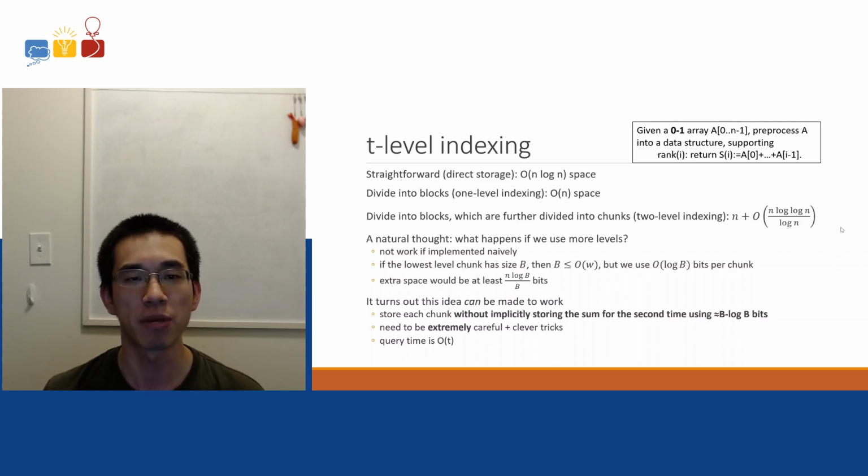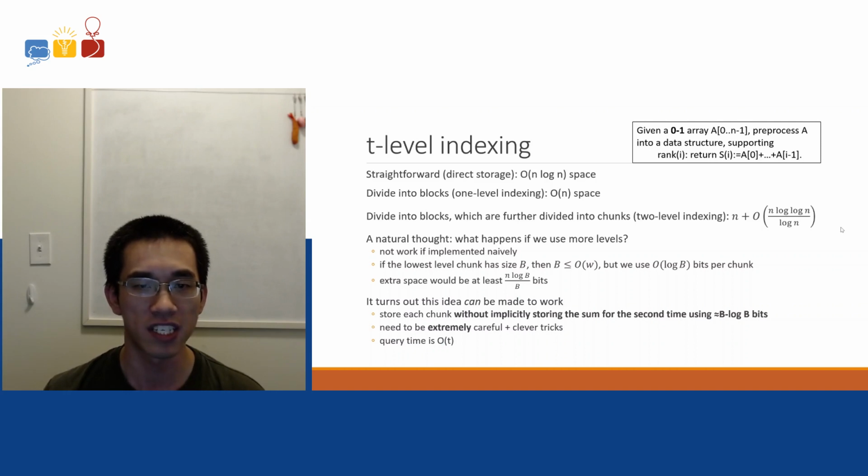We know that the number of ones in each chunk was already stored elsewhere in the second lowest level of this indexing. And here we are going to just store this chunk without saying what the sum is, using b minus log b bits, so that at query time we can first recover the sum from other parts of the data structure and then read off these b minus log b bits.